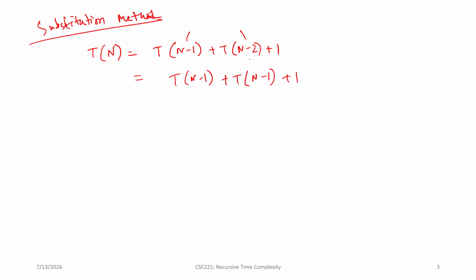So what I did is assume that T of n minus 2 is almost equal to T of n minus 1. That's an approximation which we almost always do in time complexity analysis. So that makes our formula twice T of n minus 1.